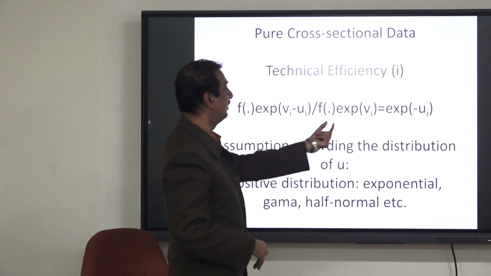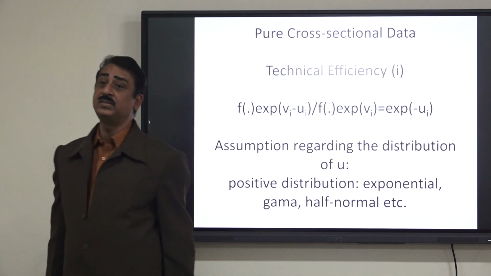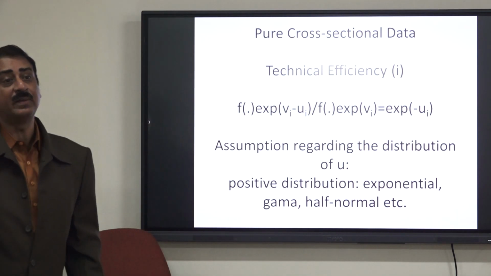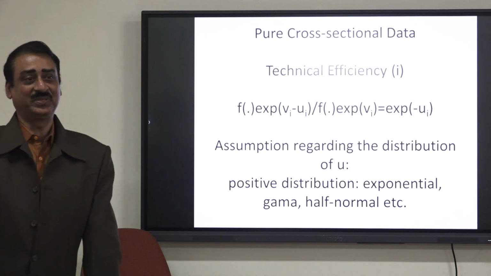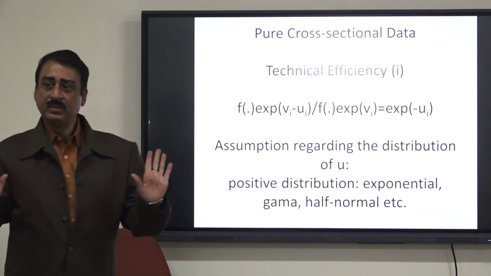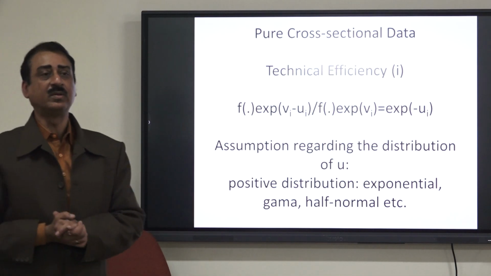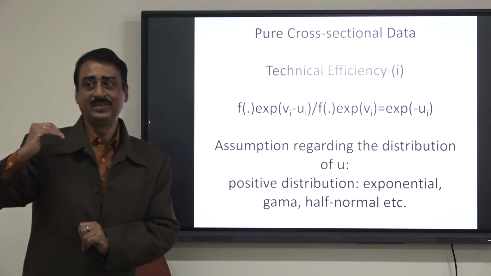Our basic purpose is to estimate this U. When you have to estimate this U, you will have to subscribe certain econometric properties to that distribution, because V follows a normal distribution. That is known, a random error follows a normal distribution. But U is only a one-sided distribution.